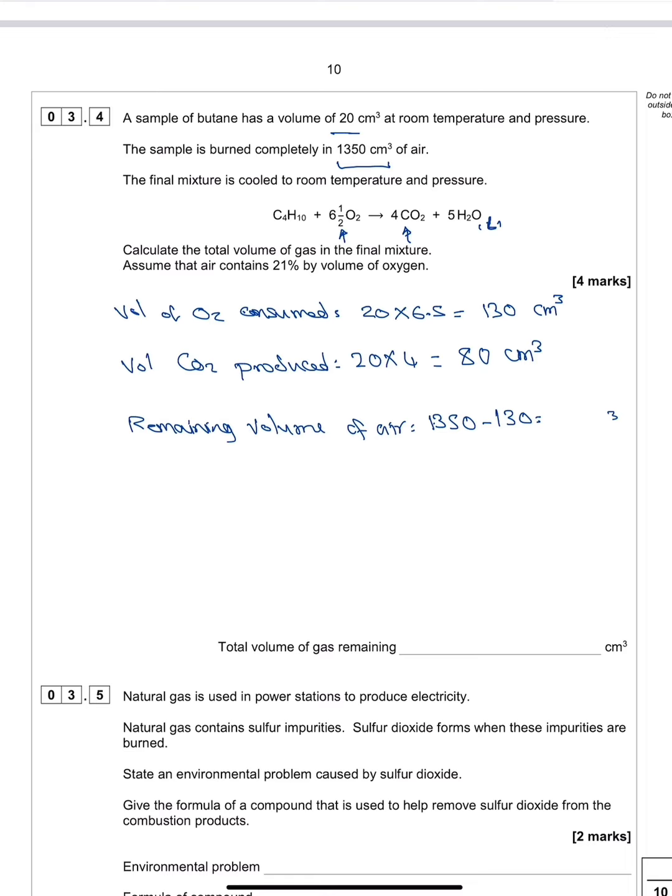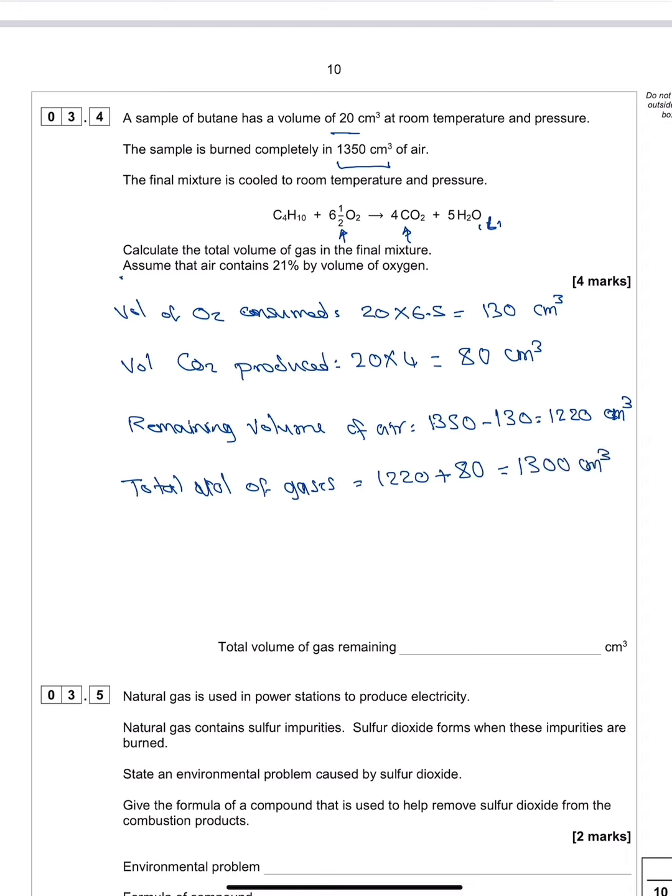So that will give you 1,220 centimeter cubed. And finally, the total volume of the gases at the end will equal the remaining volume of air plus the volume of carbon dioxide produced, which is 1,220 plus the 80 centimeter cubed. So it's 1,300 centimeter cubed.